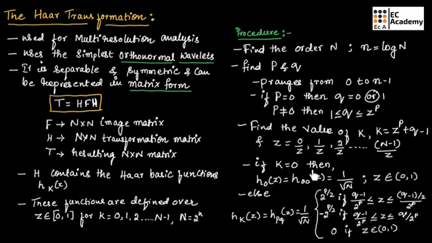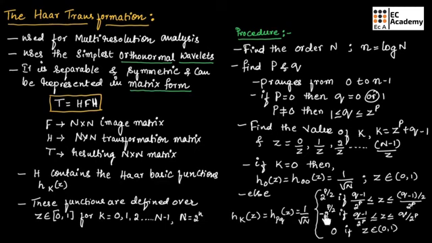If k is equal to 0, then h0(z) will be equal to h00(z), that will be equal to 1 by square root of N. Here z belongs to [0, 1]. If k is not equal to 0, then hk(z) will be equal to hpq(z), that will be equal to 1 by root N times 2 to the power of p by 2, if z ranges between (q minus 1) divided by 2 to the power of p and (q minus 1/2) divided by 2 to the power of p.